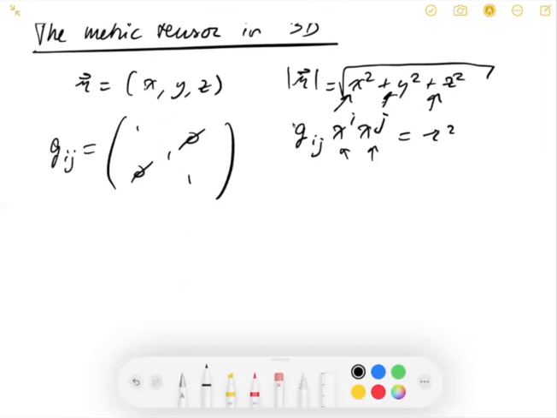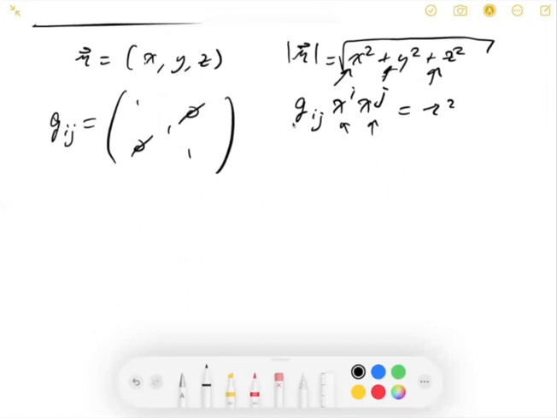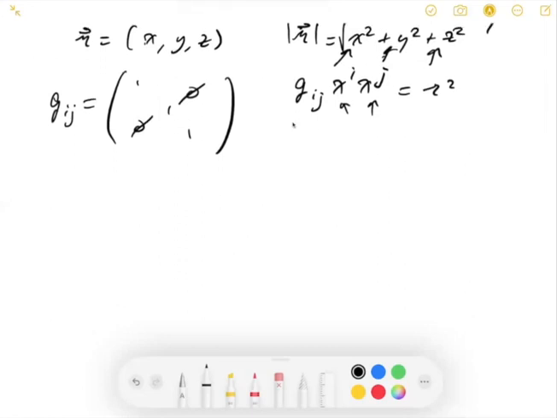But sometimes certain symmetries require using different coordinate systems. So for instance, we can also define it as a function of r, theta and phi.